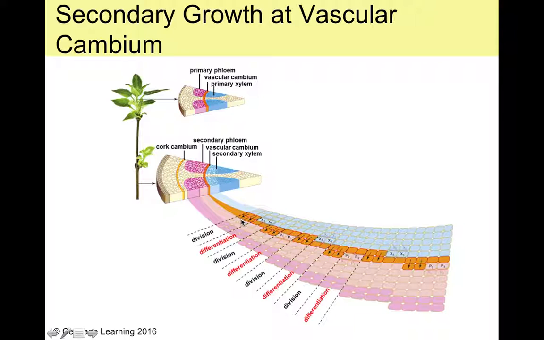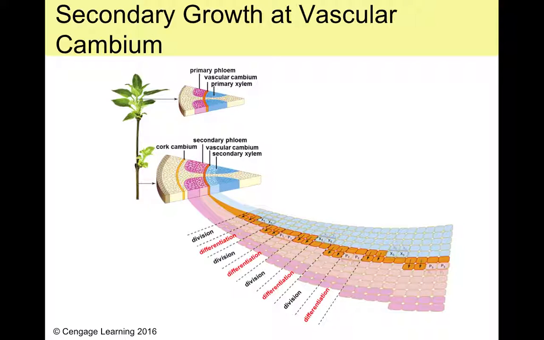It grows phloem out this direction, and it grows xylem in this direction. And so as the phloem gets pushed out, older cork cells get pushed out further, and they dry out and they die and they become bark. And as xylem gets pushed in, it makes what we call wood, and it makes annual rings.